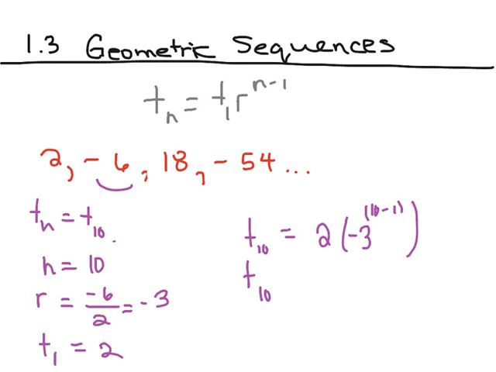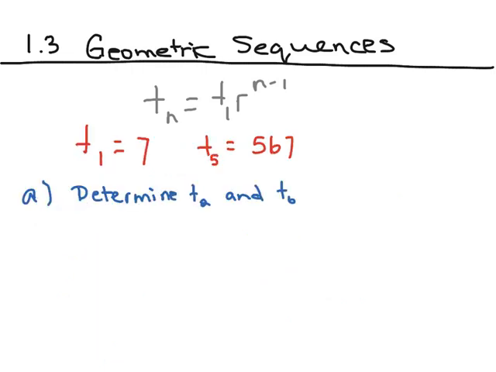So T10 is equal to 2 times -3 to the power of 9. If you multiply this out, you should get -39,366.